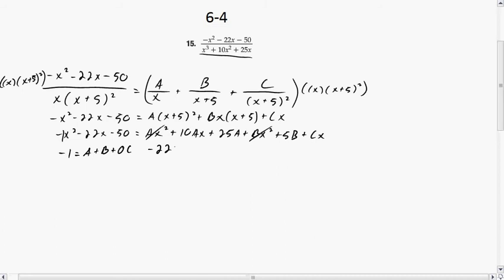So negative 22 equals all the x terms, so 10A, plus 5B, this should be 5Bx here, sorry about that, plus C. And then for our last one, we'll have negative 50 equals the constants, which is just 25A, and we'll just make that plus 0B plus 0C.